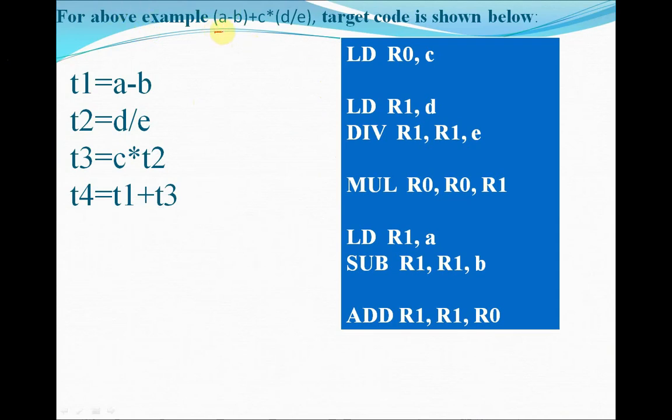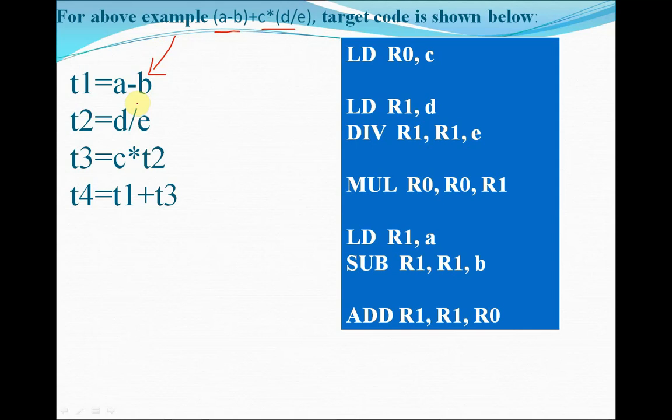The expression is a minus b plus c into d by e. The target code is shown here. Before writing the target code, it is traditional to write the intermediate code, and after that the diagram representation and defining the cost vector of each node.